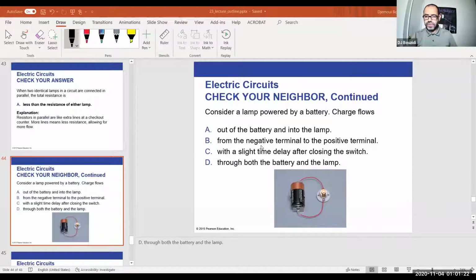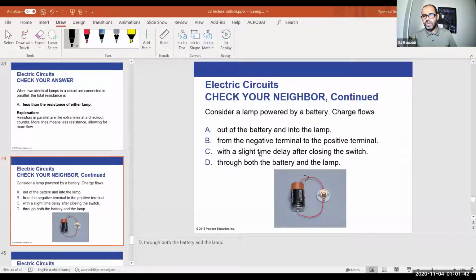Let's see here. Does it make sense, B? From the negative terminal to the positive terminal? The charges actually flow from the positive to the negative always. I know you're talking about electrons, and the electrons will move from the negative to the positive. But when we talk about current, the current is flowing from the positive to the negative. This is the negative, so it's flowing this way.